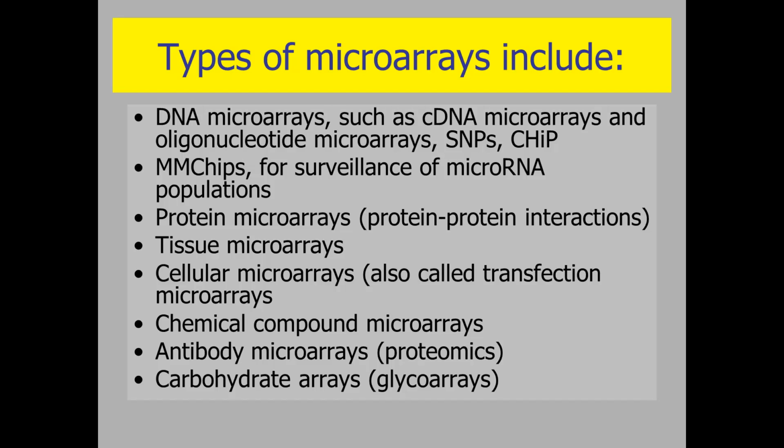Cellular microarrays are sometimes referred to as transfection microarrays. So you'd make a set of cells and then transfect different genes into those cells and then see how the cells interacted. Chemical compounds and carbohydrate arrays are sometimes also used. And I mentioned the antibody microarrays.